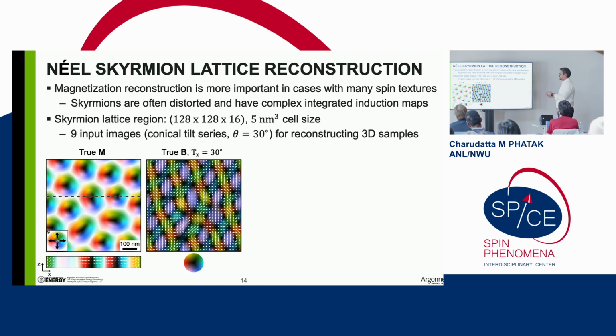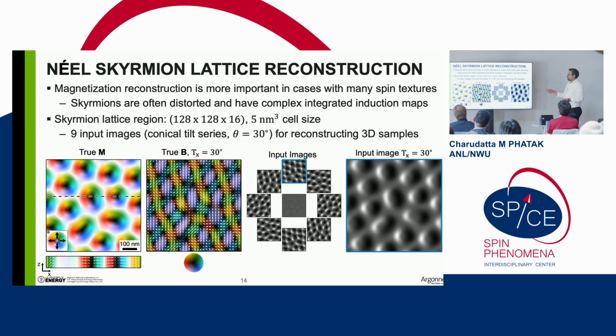If we use the standard method of analyzing this data, we reconstruct the magnetic induction map. That's what this would look like. If you're trying to estimate what kind of spin texture is happening in this deformed skyrmion, it's almost next to impossible to tell, because what we are projecting is the magnetic induction map. And so that's where this method would shine.